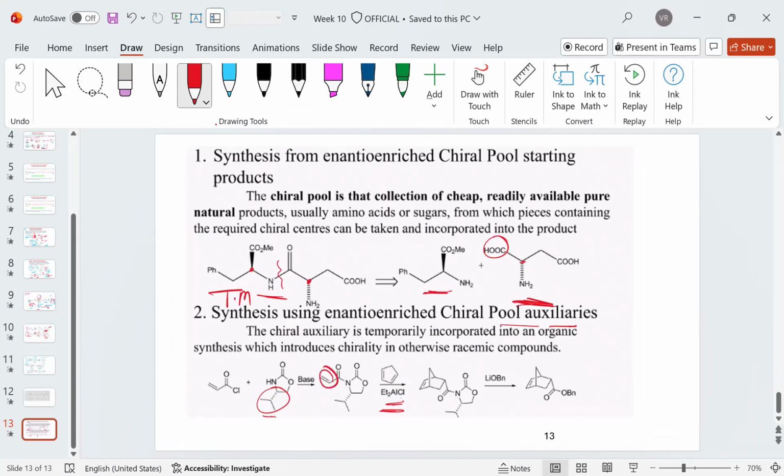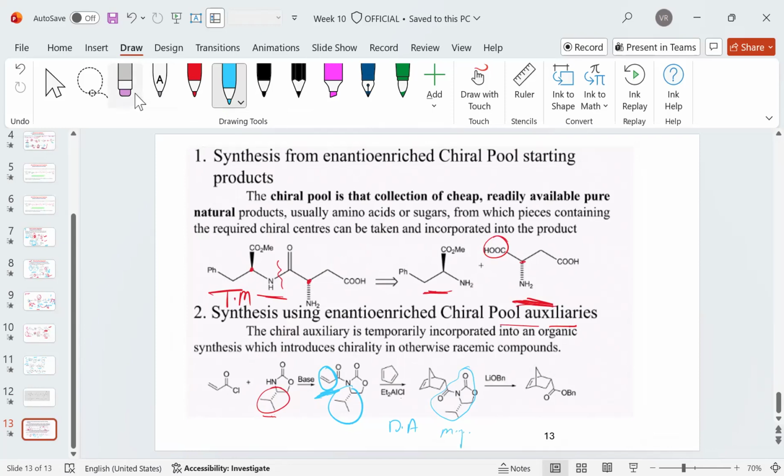We have the diene and the dienophile. This is basically a Diels-Alder reaction, Lewis acid catalyzed. This Diels-Alder reaction gets enantioselectivity because of the steric bulkiness present in this dienophile molecule. You can see that because of this steric bulk, the entire group attacks in an endo fashion, not exo. So we get this product as the major product.